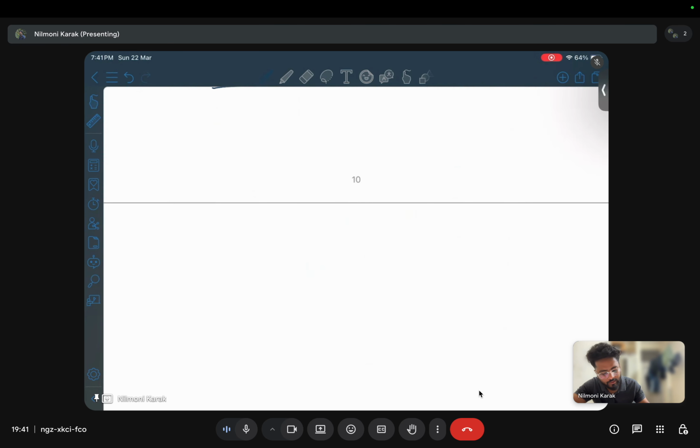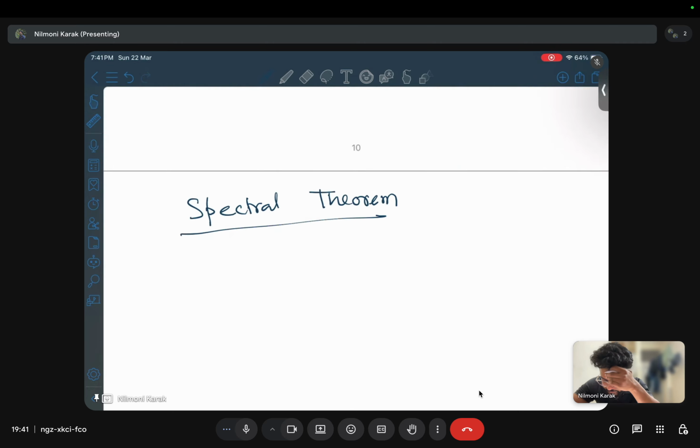Now we will see a spectral theorem. To see the spectral theorem, we first talk about compact operators on Hilbert space.